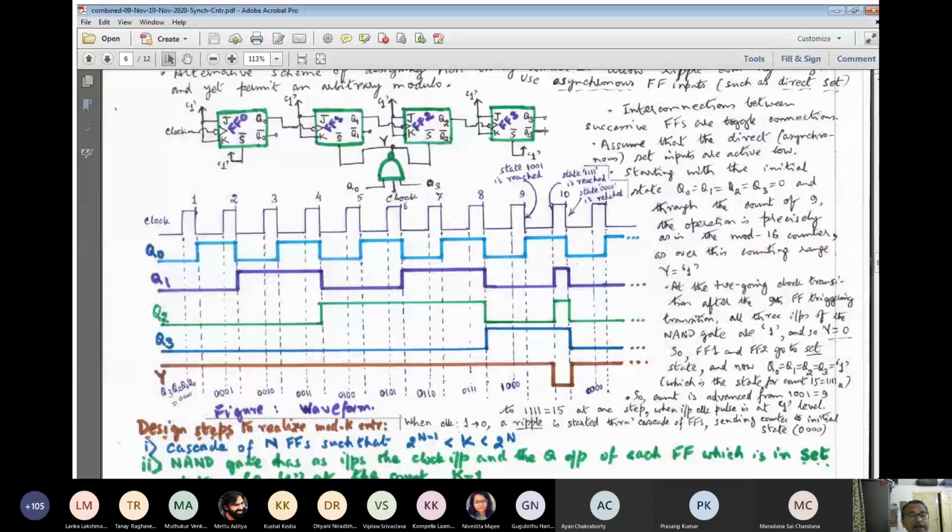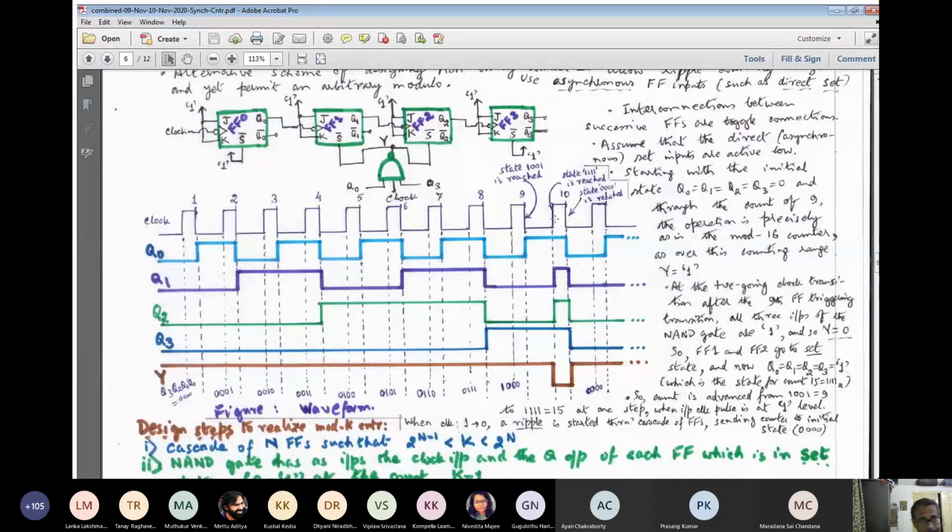Okay. And you can question, you have got a 3-input NAND gate whose output is connected to the set input. So what will happen? Let me answer that question also. Here you see y will immediately become 1 with the arrival of the 1 to 0 transition of the 10th clock pulse. That you have to keep in mind.